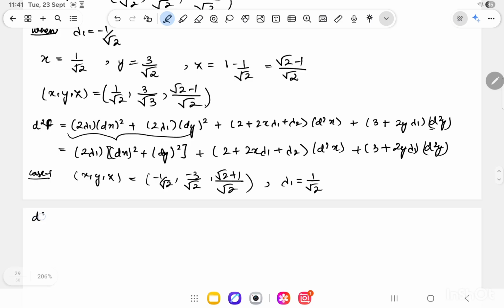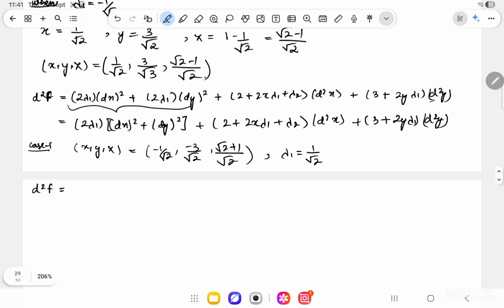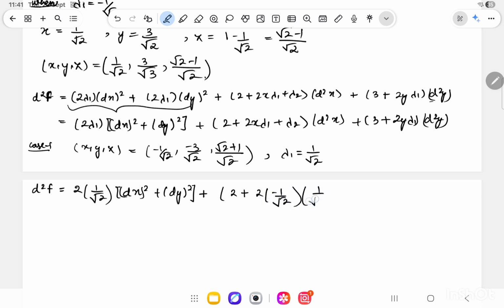So if this is the case, then d square f will be basically 2 times lambda 1, that is 1 by root 2, into dx square plus dy square plus 2 plus 2 times x, my x is minus 1 by root 2, into lambda 1, that is 1 by root 2, plus lambda 2.